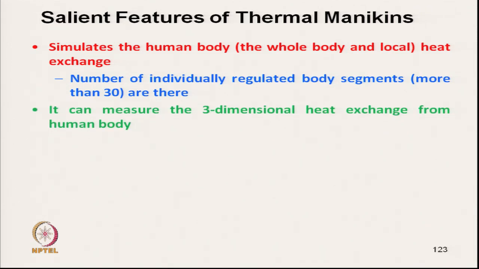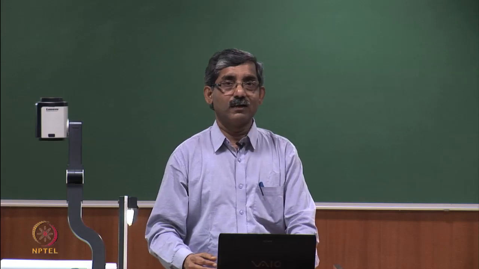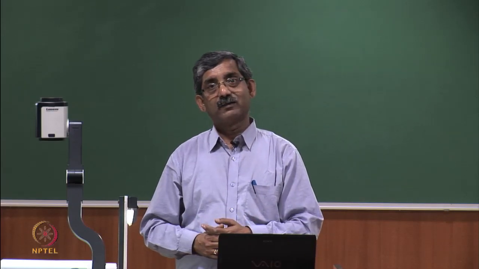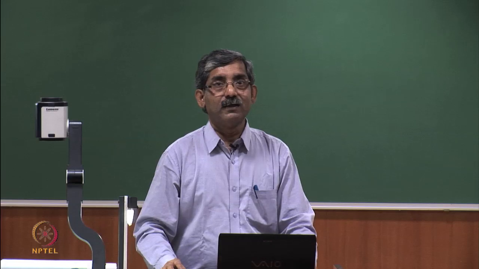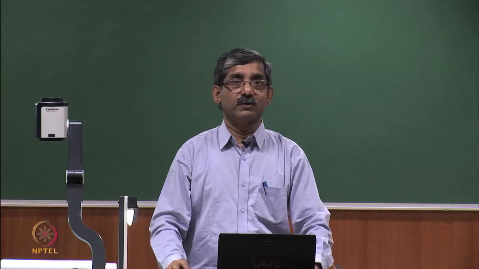In other methods which we have already discussed, the heat exchange is in 2 dimension, where we keep the fabric in flat condition, but actually the heat transmission from human body gets transmitted through 3 dimensional mode. So, the thermal mannequin measures the heat transmission in 3 dimensional mode.